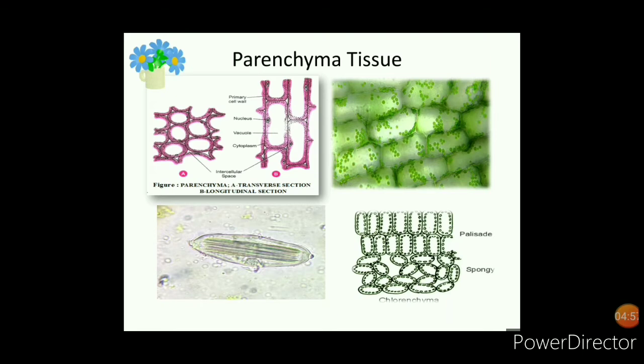In aquatic plants, such parenchyma tissues show large air spaces in the form of air chambers or air cavities. This type of special parenchyma is called Aerenchyma. When parenchyma cells store calcium oxalate crystals or raphides, then they are called Idioblasts.